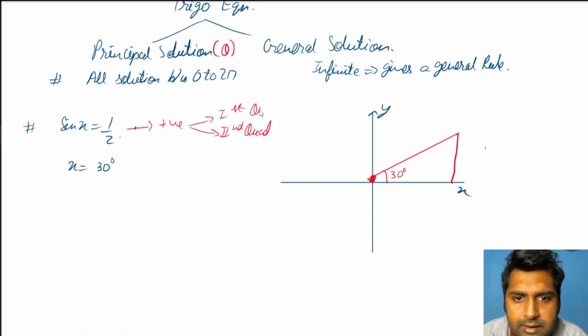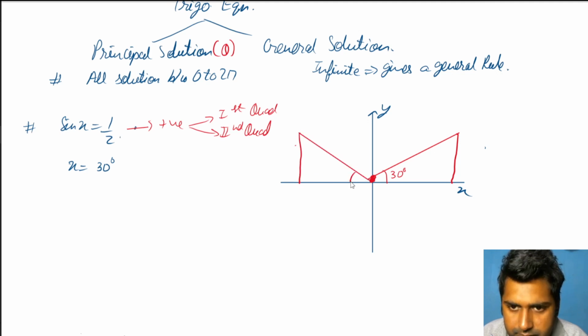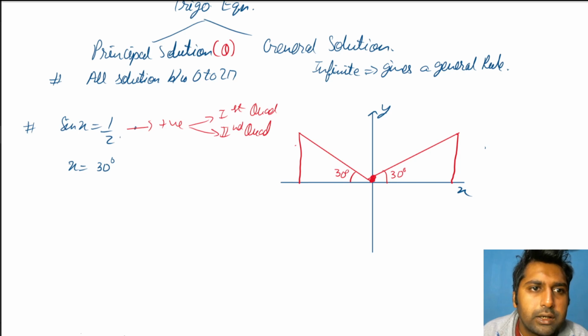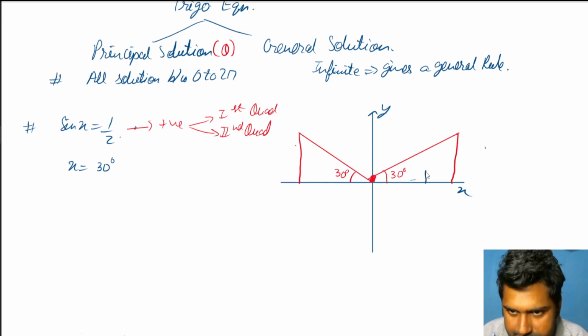So we will make the same basic triangle of 30 degree in the second quadrant as well. This will also be of 30 degree, but remember the definition of theta. Theta is always calculated with the positive x-axis.